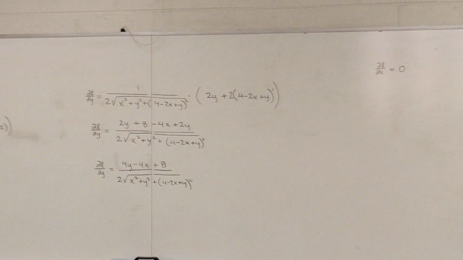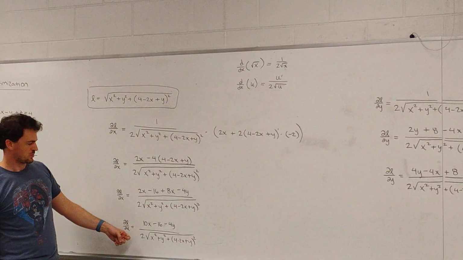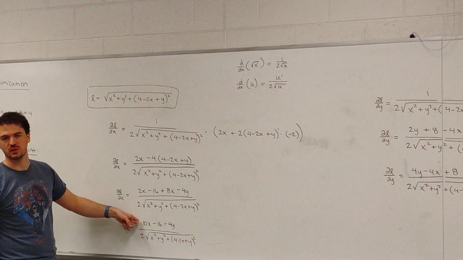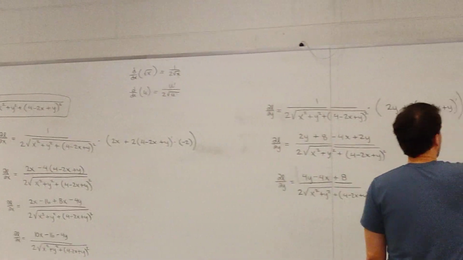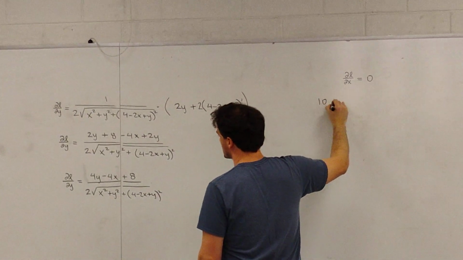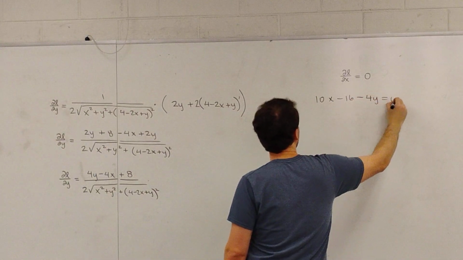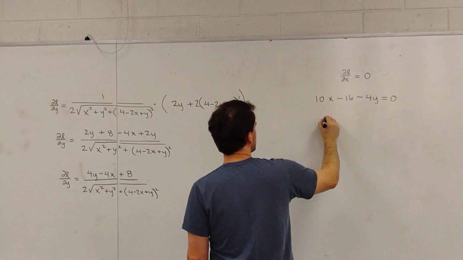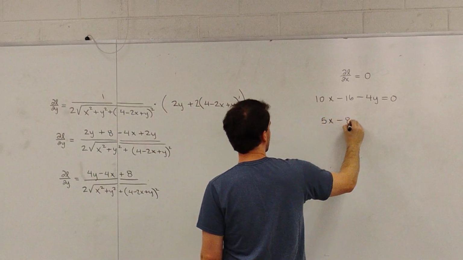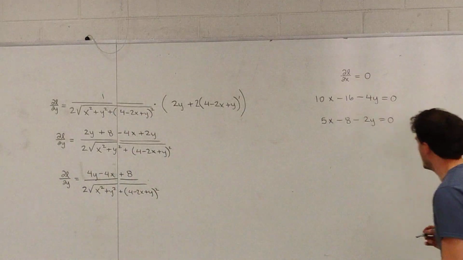Now, just like last time, if we have a fraction equals 0, it's when the numerator equals 0. So just coming up over here, I'm just going to write that the numerator, 10x minus 16 minus 4y equals 0. Looks like I can divide everything by 2. 5x, 8, 2y.